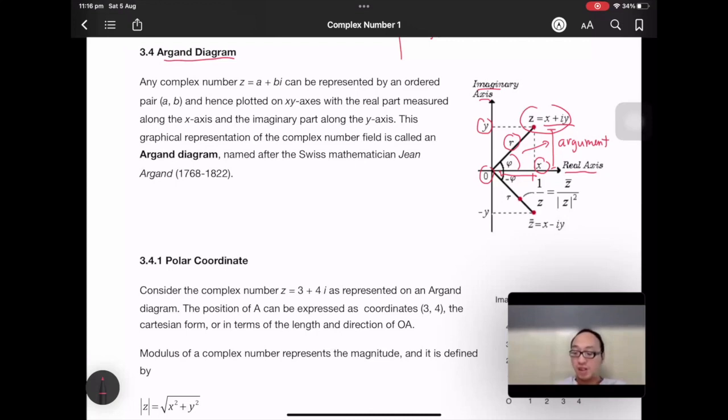The theta here will be counted from the positive real axis, anticlockwise. And we have the negative angle, so that means it's clockwise from the positive real axis.